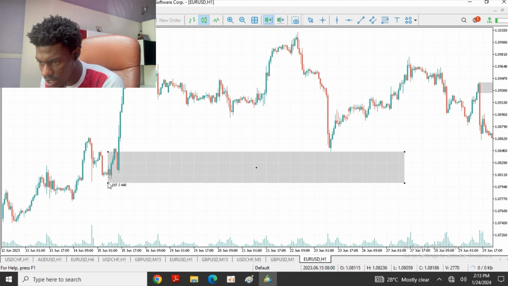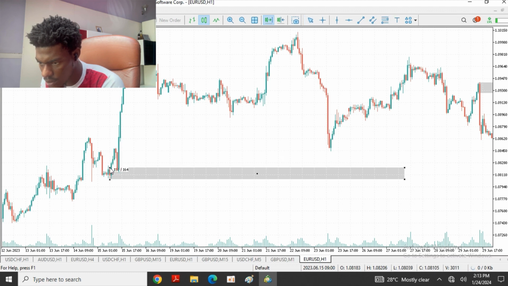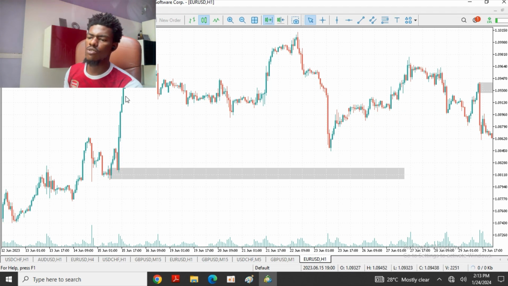There was an order block here. See it? Last bearish candle before this bullish expansion, and see there was a space in between these 1, 2, 3 candles. And once the market came back inside, see the kind of move, see the kind of pips you'll be catching.